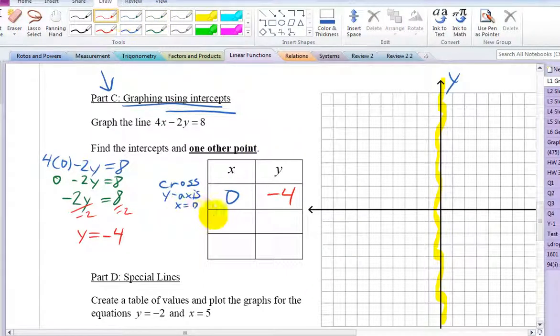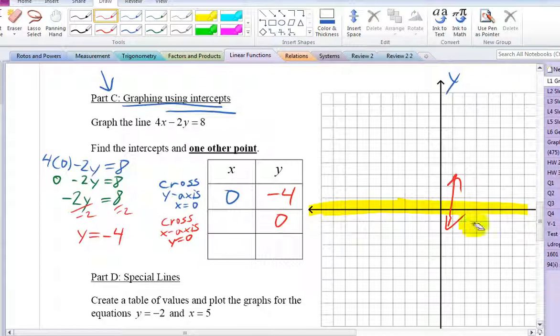But now we have to ask ourselves, well, we want to find when we cross the x-axis. So we're crossing the x-axis, this one right here that's horizontal. Which value is 0? We don't go up or down, so y equals 0.